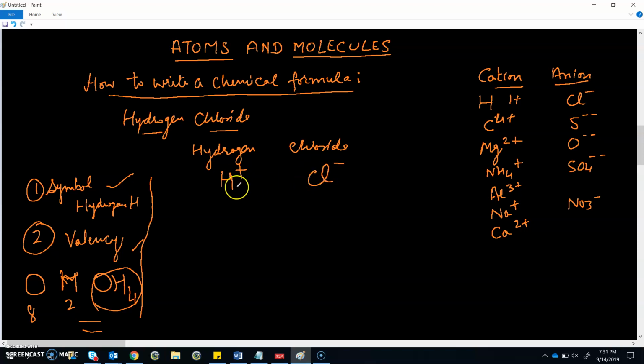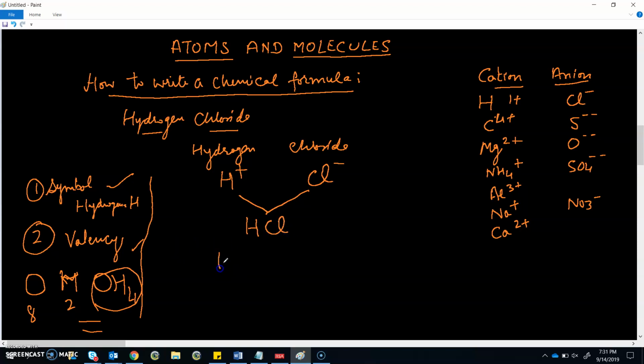That means the valencies are equal. So 1 hydrogen and 1 chloride will combine, one atom of this and 1 atom of this. It will form HCl.